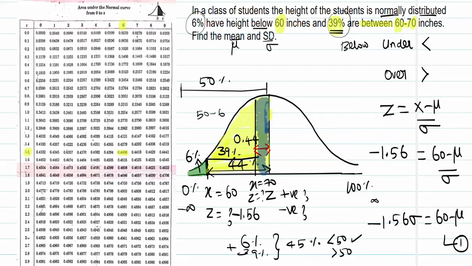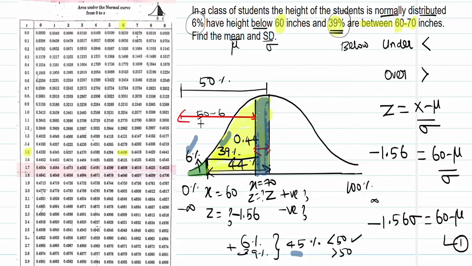How to estimate it? The total half area is going to be equal to how much? 50%. Out of the 50, how much has gone now? 6 has gone over here and 39 has gone over here. So what will be 6 plus 39? It is going to be 45. Totally it is 50, so I have 45% which has been covered from here to here.